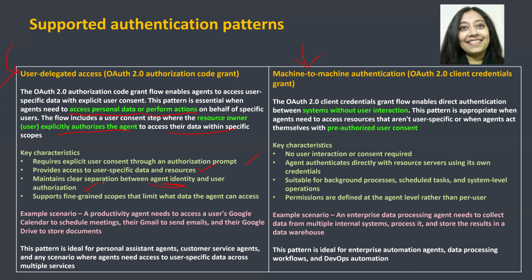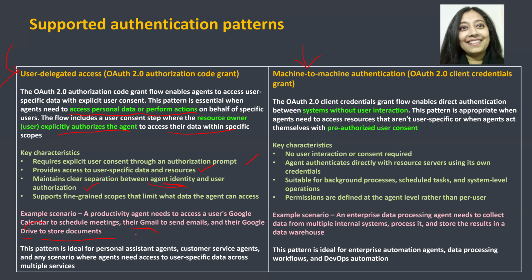So what are some of the example scenarios where you can use this pattern? Let's say anywhere where an agent needs to access users' personal information. For example, their calendar, their email, or their Google Drive to store documents. Wherever the user has to say yes or no, like, okay, yes, you can go and access my email, or you can access my calendar.